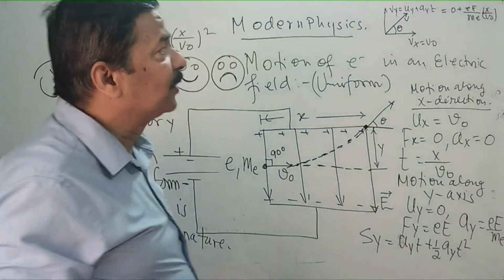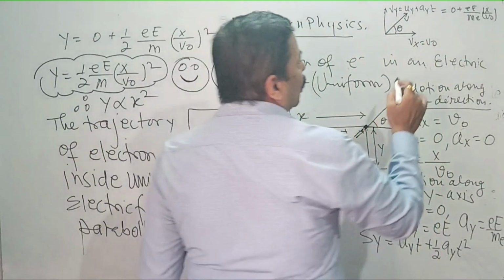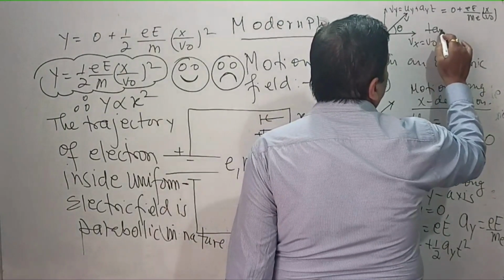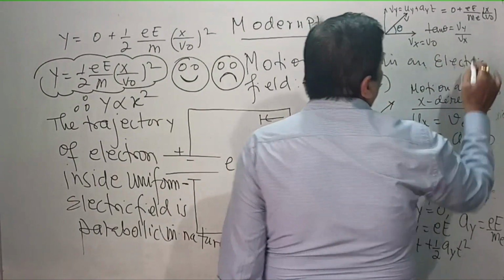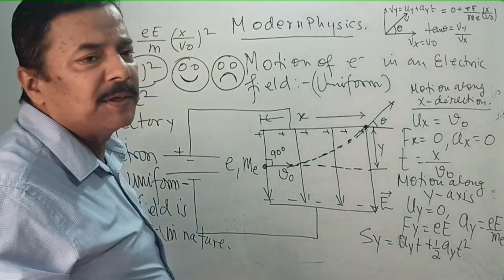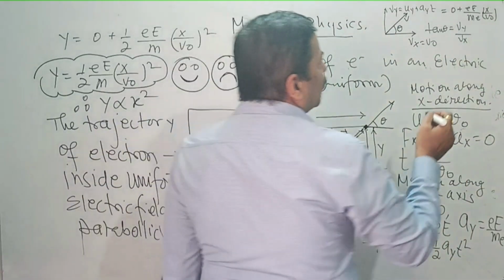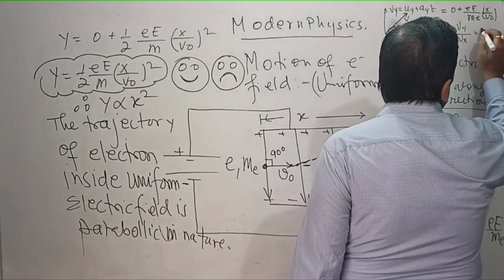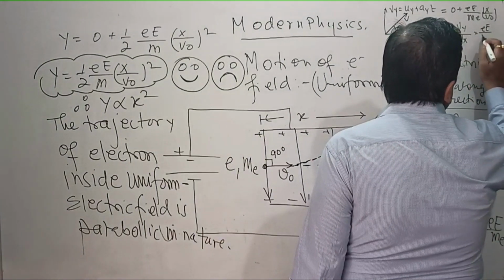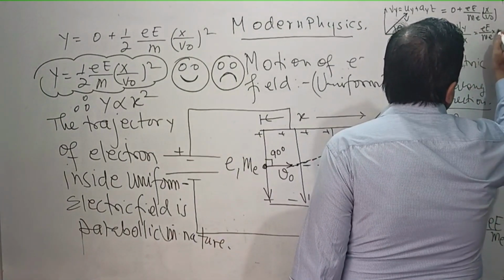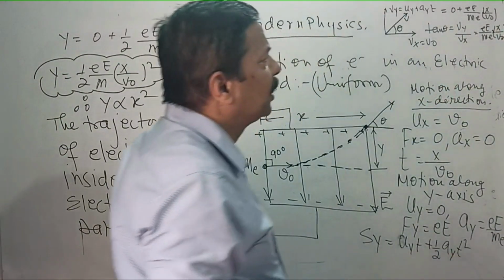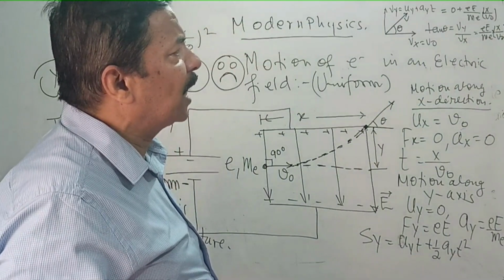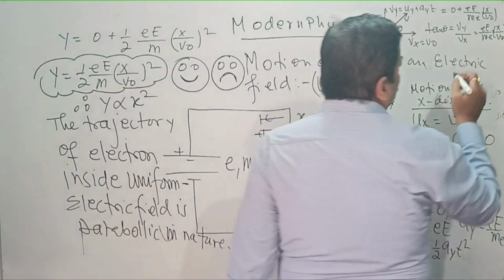So if we want to find theta, tan theta is equal to V_y by V_x. V_y we have already calculated, eE x by m V_0 square by V_0.